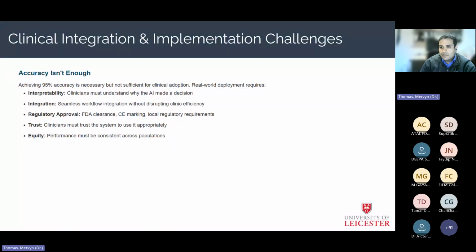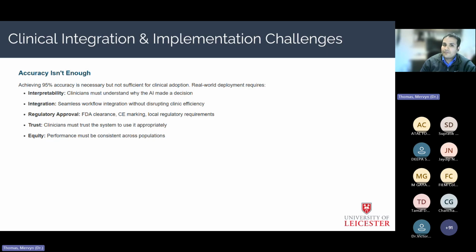And more importantly, we also need interpretability. Clinicians often, including me, really want to know why the AI made a decision. We need seamless workflow integration without disrupting clinical efficiency. If you imagine trying to plug images into an AI system that's going to take 10 minutes in a clinical workflow, that is not really practical.